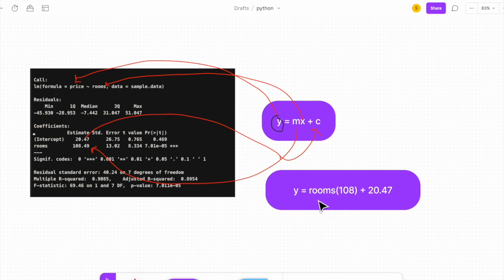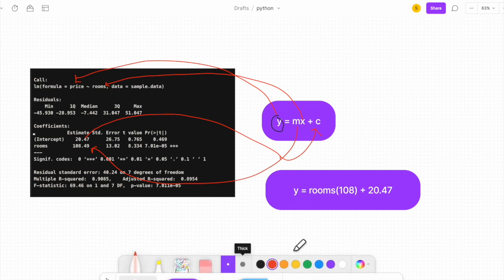Now you can understand how this equation plays an efficient role like this. In this case, we have to figure out the price. If we know the number of rooms, we just directly put it in this equation and we get y as an output. And the more accurate the output is, the better eventually the model is.